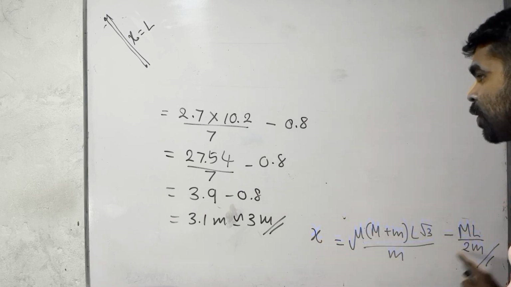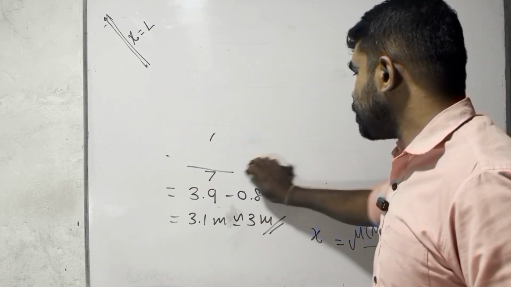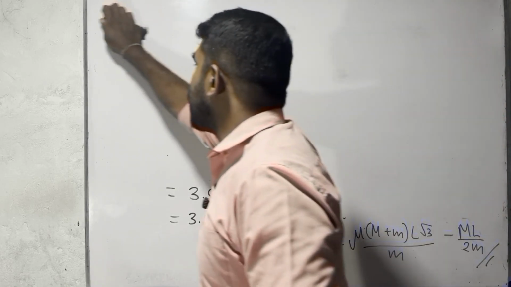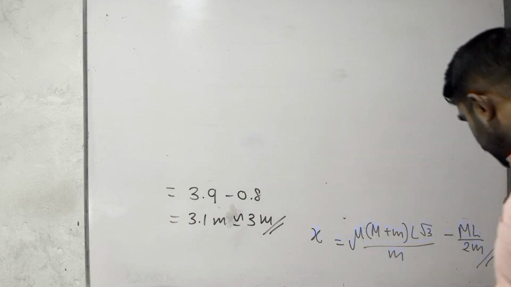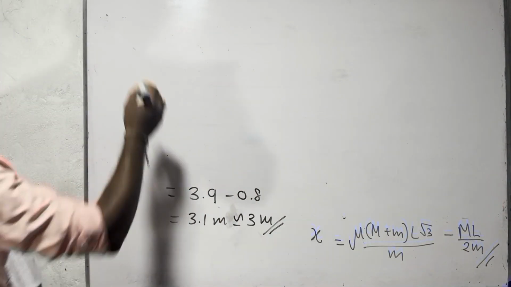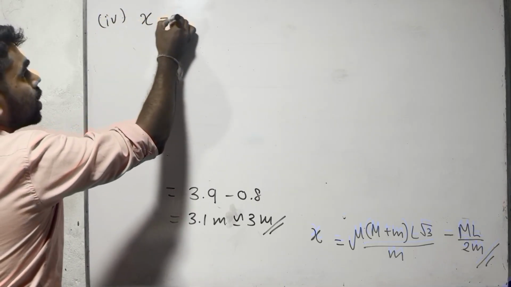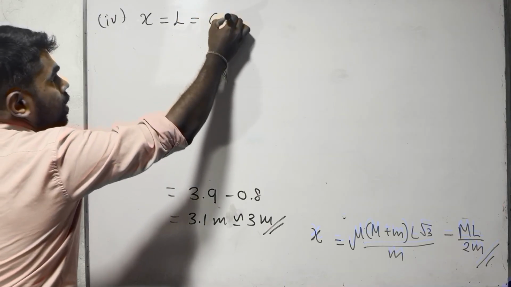Then I will use this equation again. But now we know the value of x is 6 meters. When simplifying part 4, we have to remember that x should be equal to L, it is 6 meters.